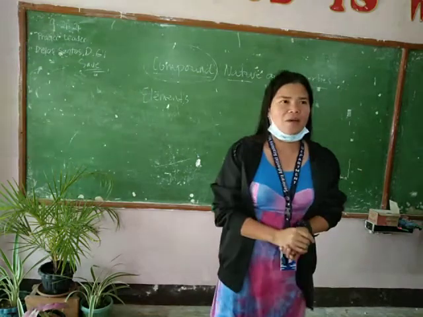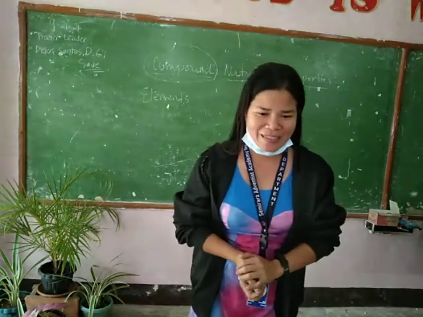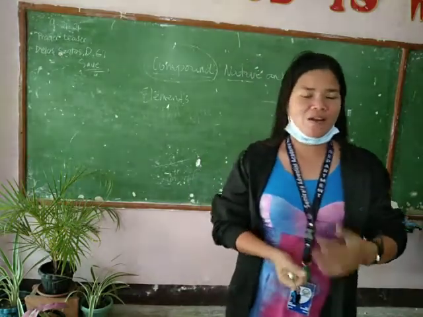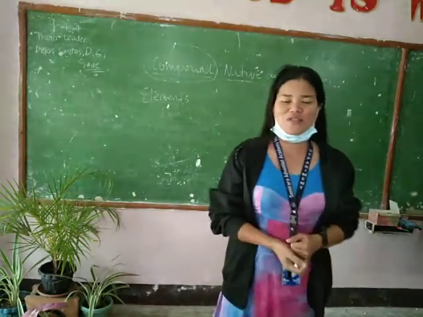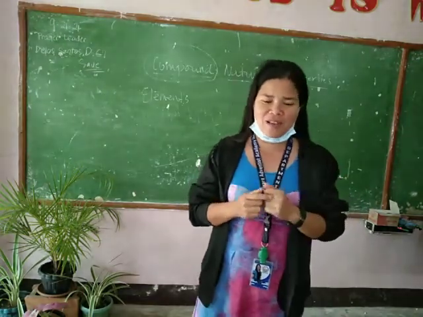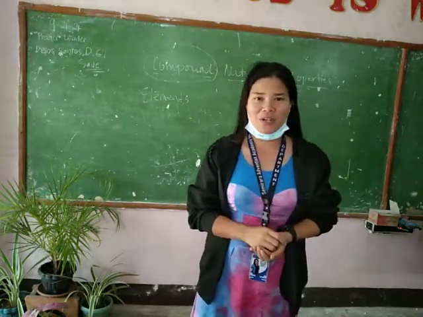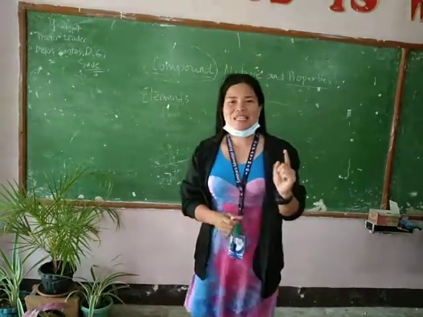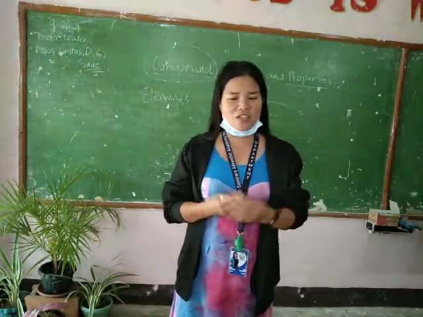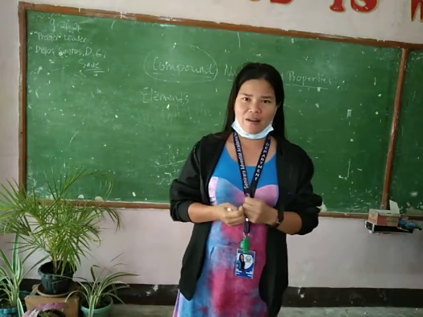But before that, I would like to ask you first. Before we proceed with our lesson, I have some question for you. Are you familiar with Calboro? So familiar kayo sa tinatawag na Calboro? Or the greenish yellow rock?